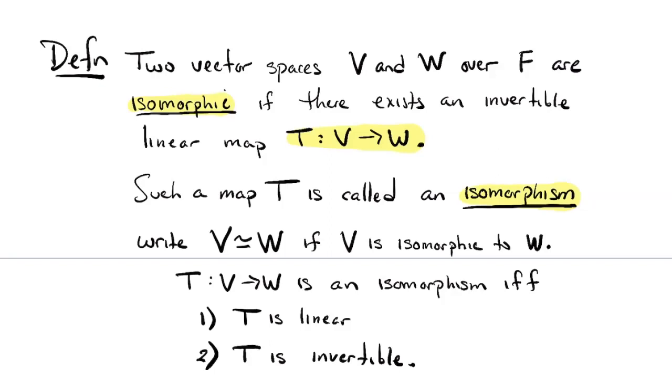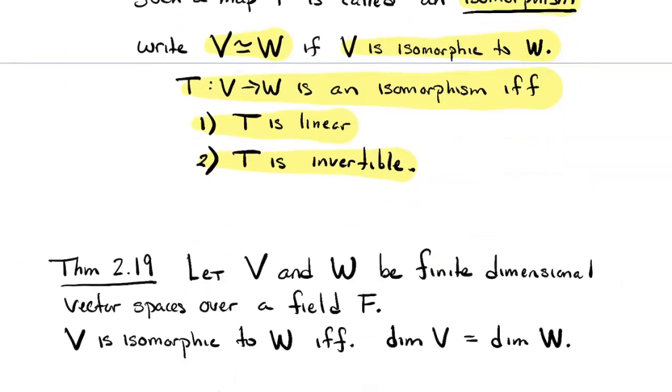For some symbols, we're going to write V squiggly equals W when V is isomorphic to W. Just to emphasize, a given map is an isomorphism if and only if it has to be linear and it has to be invertible. So an isomorphism has two components. It's an invertible linear map. And when we have one, we call the vector spaces isomorphic.